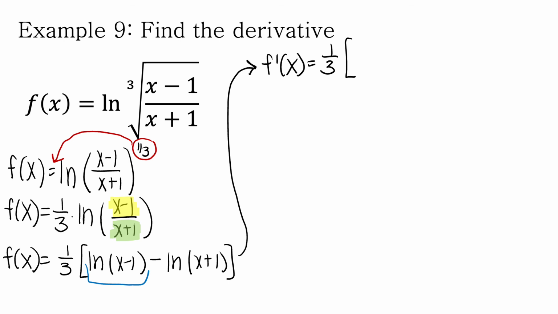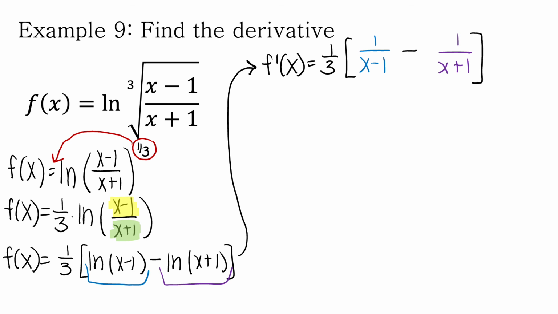So the derivative would just be 1 over x minus 1. Keeping our minus, let's take the derivative. I'm running out of colors. Let's take the derivative of the natural log of x plus 1. Again, this would be u prime over u. The derivative is just 1 over x plus 1.